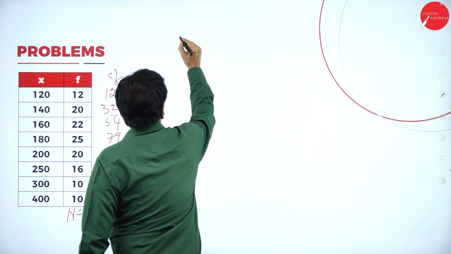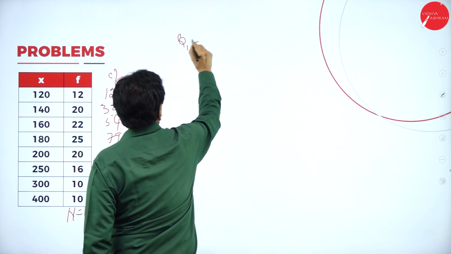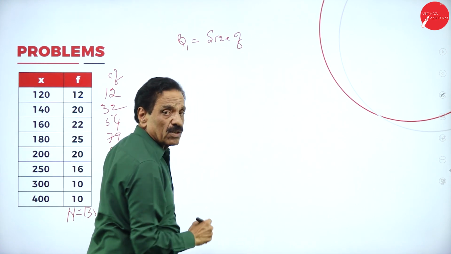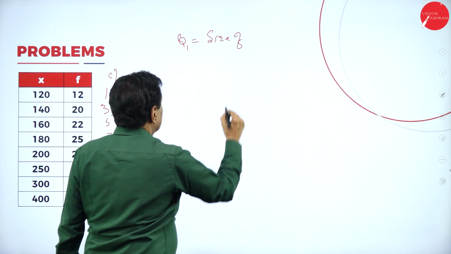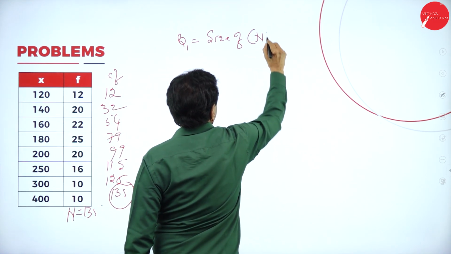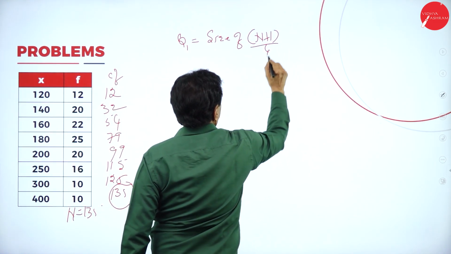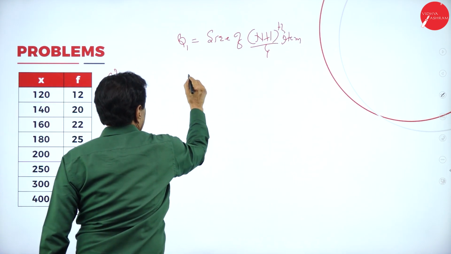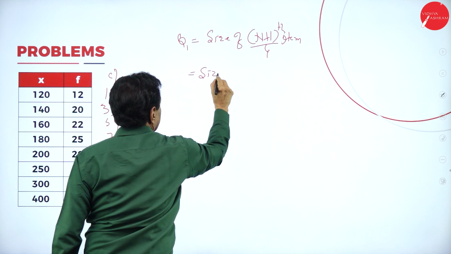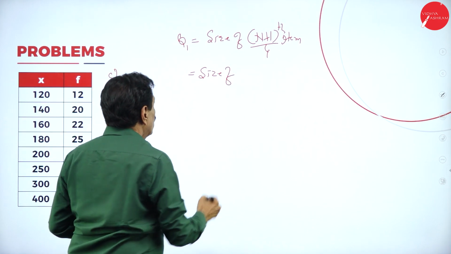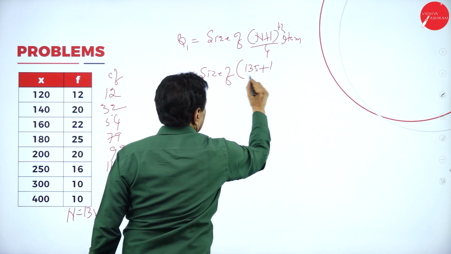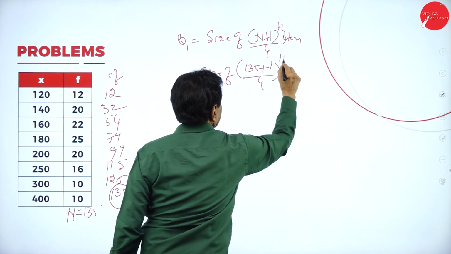Apply. Q1 is equal to size of (n plus 1) divided by 4th item. What's your n? 135 plus 1 divided by 4th item.